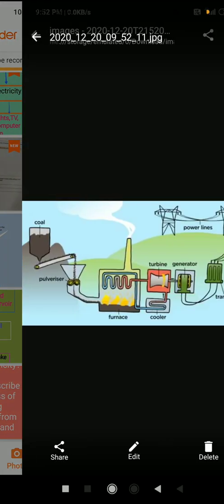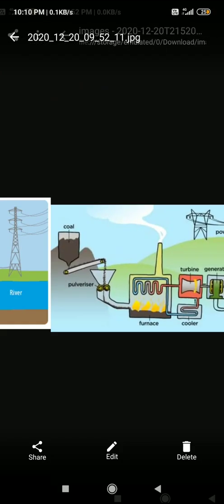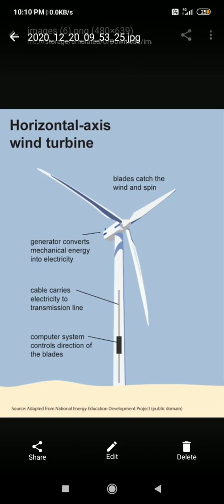So here you can see coal, means thermal power plant, produces a lot of electricity in a short time, but burning coal, what happened, it causes pollution. Here you can see in the picture, it causes pollution, right? Another one is hydroelectricity, means water hydropower plant, and windmill. These two are costly to build, right?